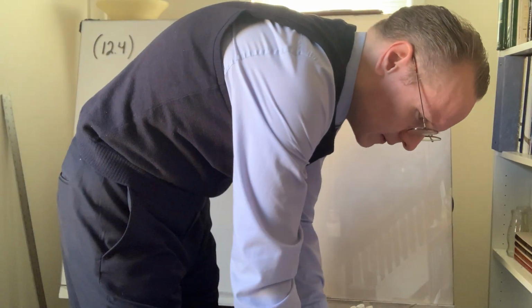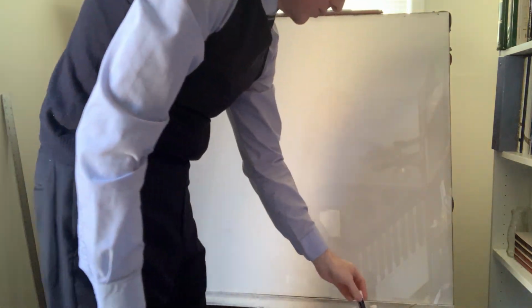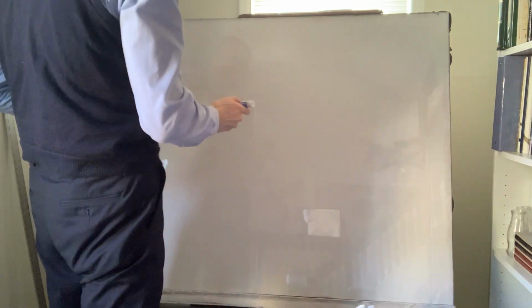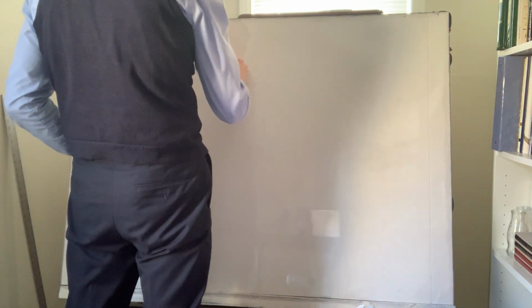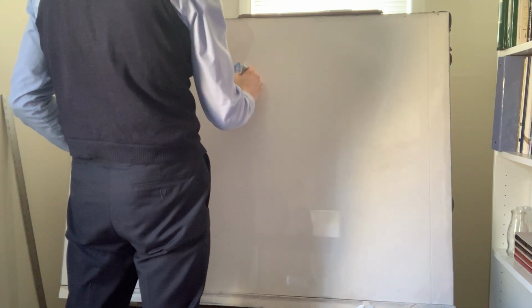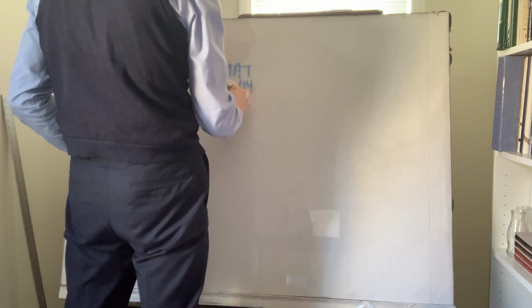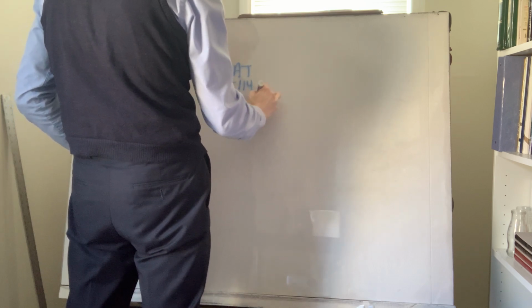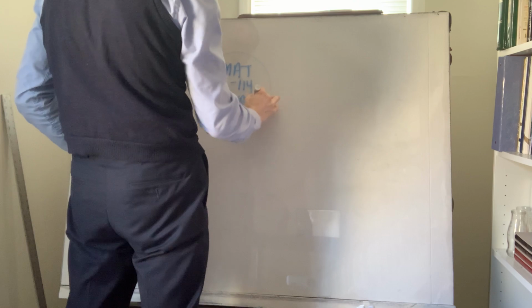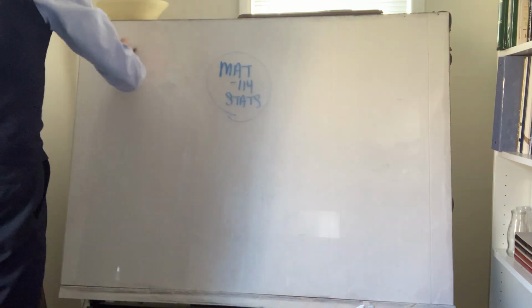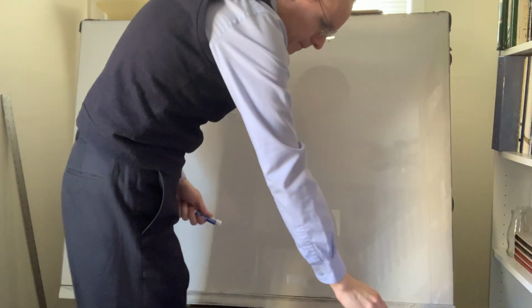Alright, let me give you sort of an overview. Where we're at, right? Decided to call this MAT-114 statistics. That is the name of chapter 12 anyhow, but what we've been doing to this point and where we're going.